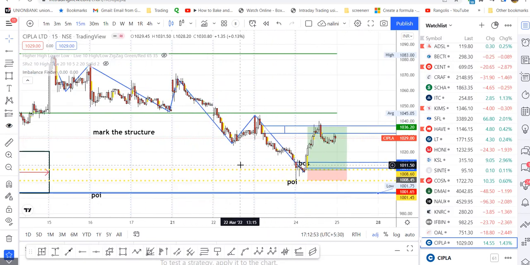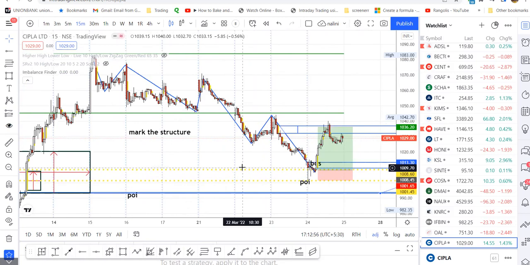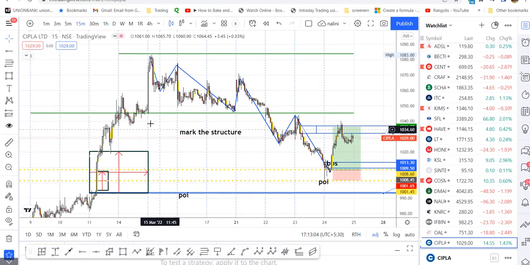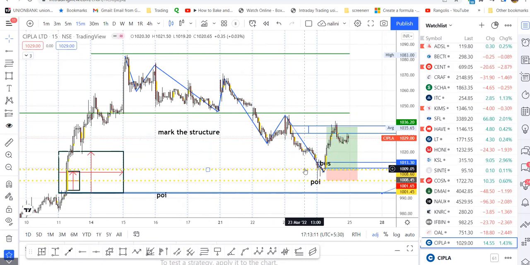So probably you have understood the procedure, what to follow. Select the stocks which are showing higher high and break of the structure, and wait for the price to correct or pull back to the imbalance area. Locate the imbalance area on the daily to lower time frames and mark the levels as your point of interest.